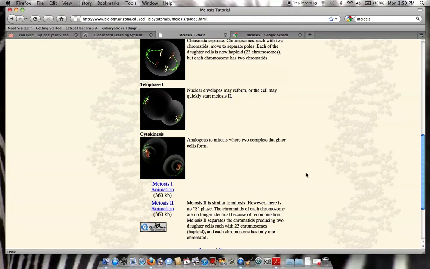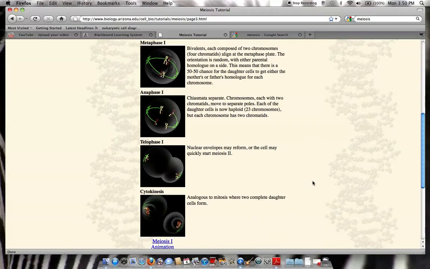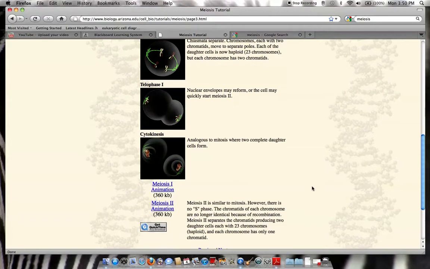Once again, that's a prophase, metaphase, anaphase, and a telophase. Then the end products after cytokinesis is the production of a haploid gamete, which is either an egg or a sperm.